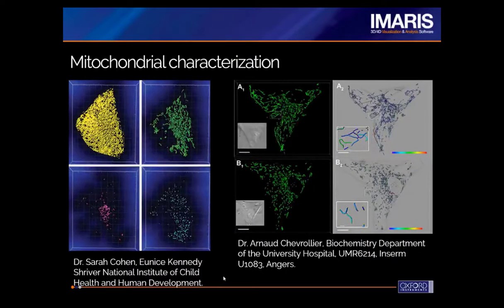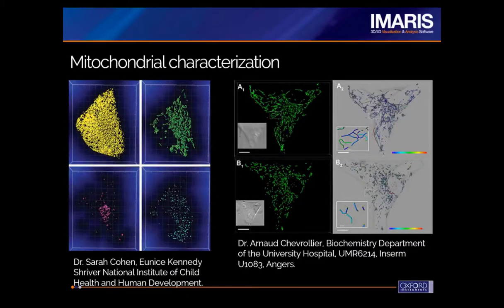So now I wanted to show you a couple of different ways that some of our customers have used Amaris in their research. We have an example here from Jennifer Lippincott-Schwartz's lab, and Sarah Cohen was nice enough to give us the rights to show this image where you're seeing different organelles and their distribution within just one cell.